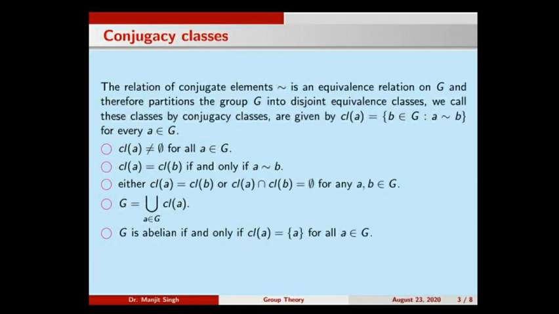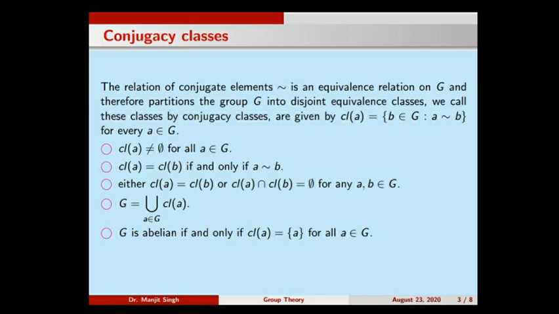Now we define conjugacy classes. As you know, the relation of conjugate elements is an equivalence relation on G. Therefore this relation gives a partition of G, and this partition in the form of equivalence classes we will call conjugacy classes, given this way: the class of a is the set of all b in G such that a is related to b.